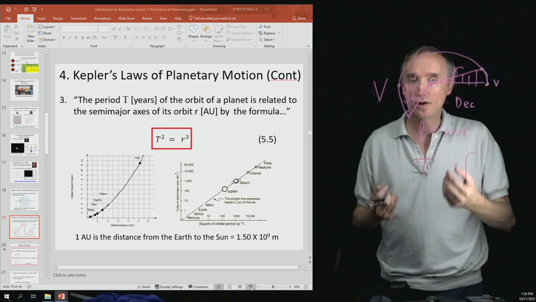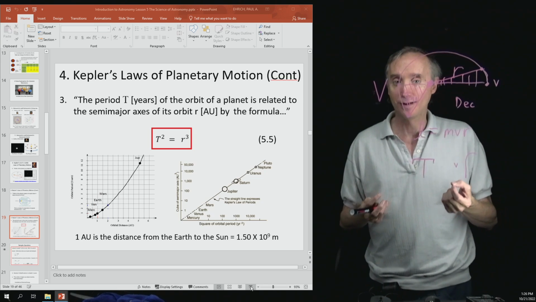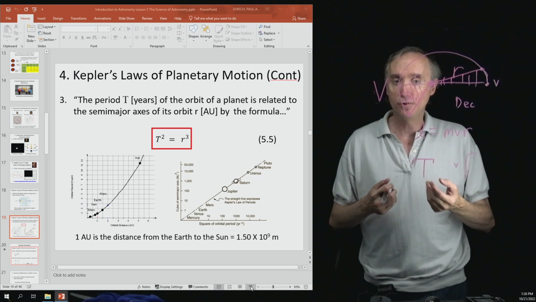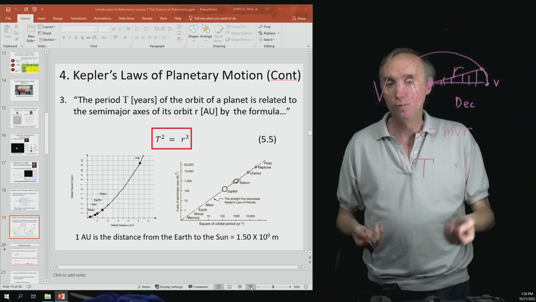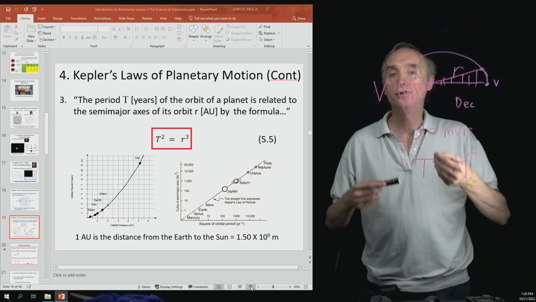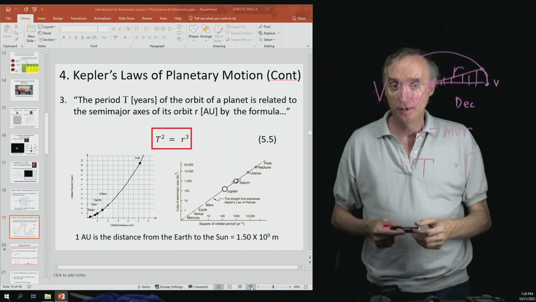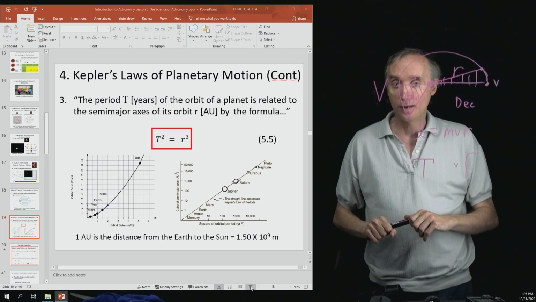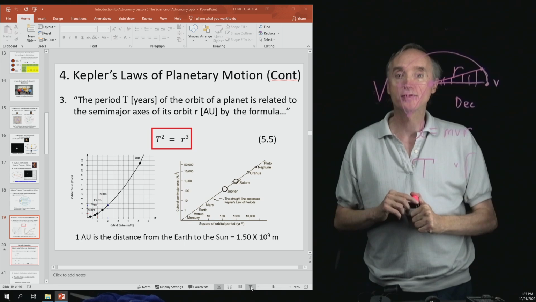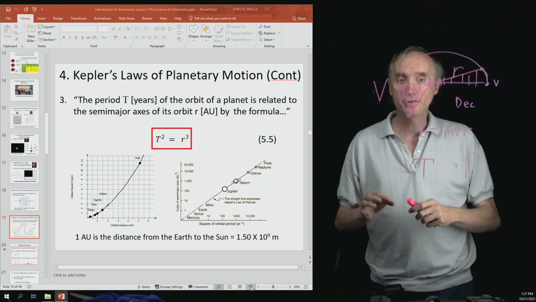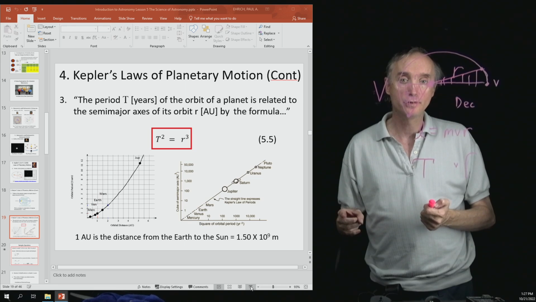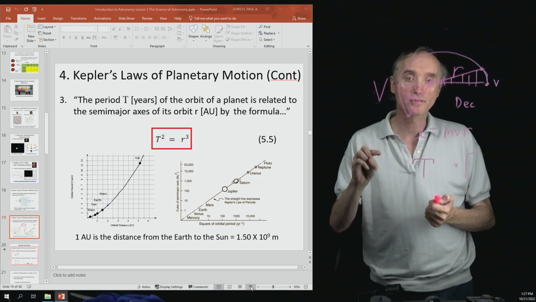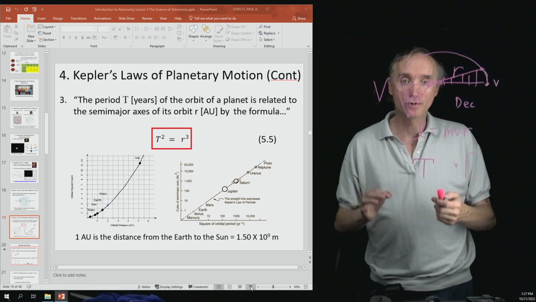He kept trying to make it into a straight line, because if you can make a straight line, then you can find the slope of that line, and then you can figure out what formula goes with it. He tried various combinations, and finally he got it to straighten out by using the period squared and the distance from the sun, the semi-major axis.